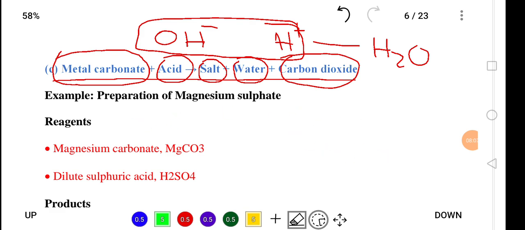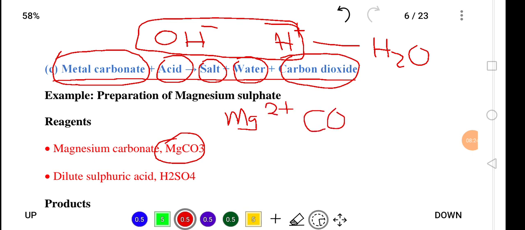So I am saying we are going to have a metal carbonate, magnesium for example. Magnesium in this case is positively charged, and a radical carbonate is 2 negative.